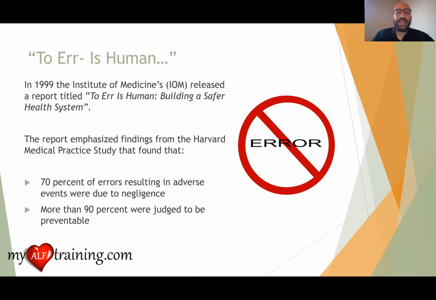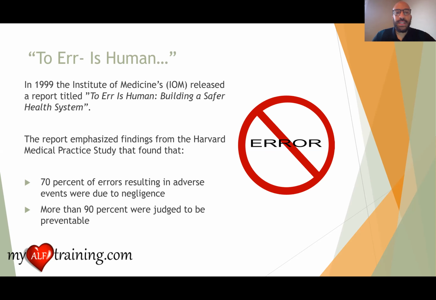That's 7 out of 10 errors that were just negligent oversights, things that can easily be prevented. That's why it's so important, because we're caring for the patient. We want to do the least amount of harm to the patient. We want them to get better when they're with us. And if 70% of errors that occur during their hospitalization are on our hands and can be prevented, then we need to do something about that.